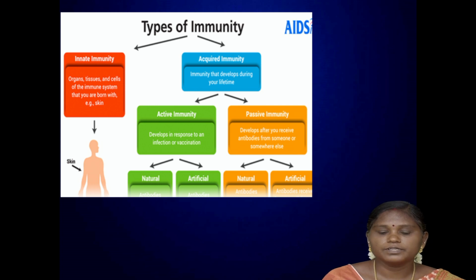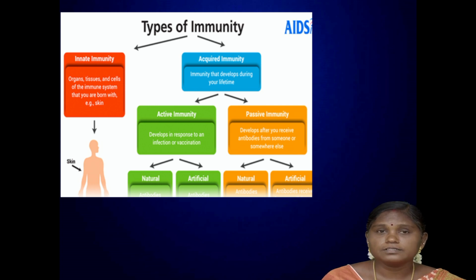Natural means through our food diet, like that we can get immunity, so that is natural immunity. And a baby gets immunity from the mother, so that is one type of natural immunity. Artificial means through vaccination and tablets, and also artificial immune cells and tissue transplantation, that comes under artificial immunity.